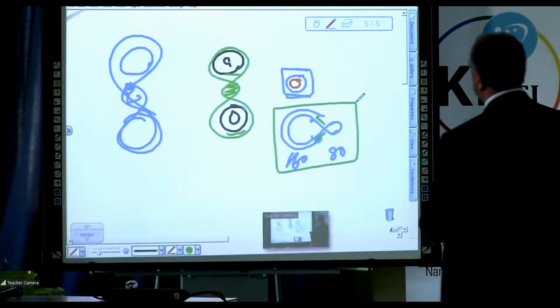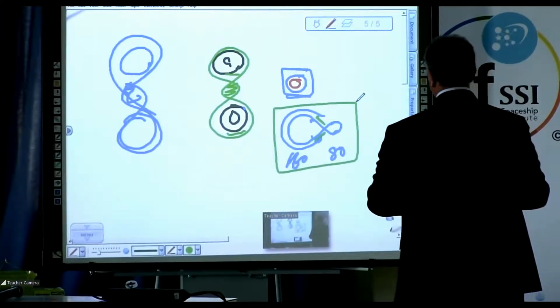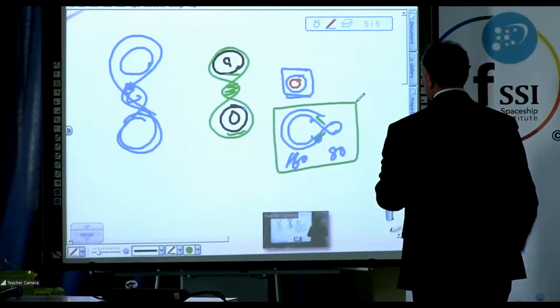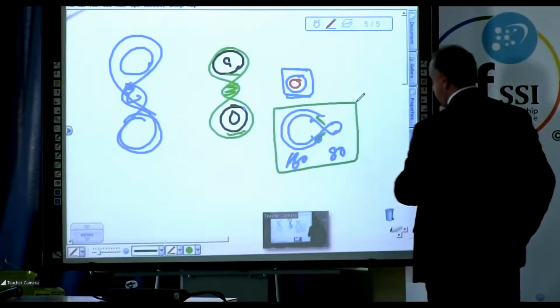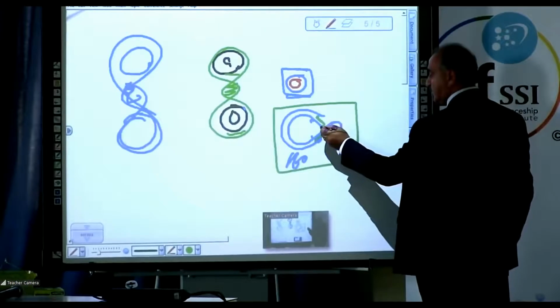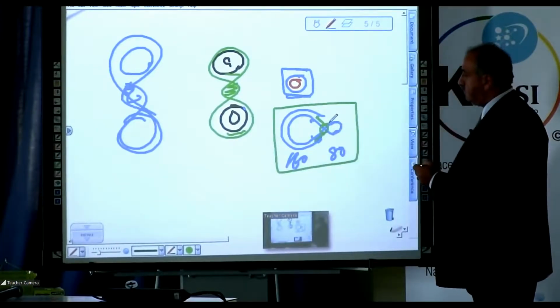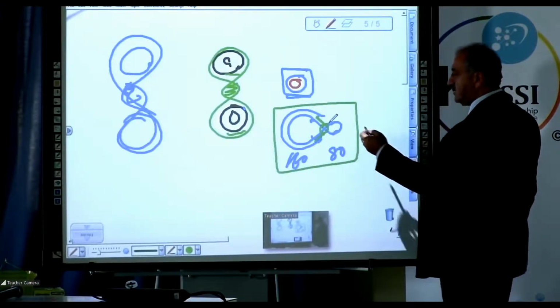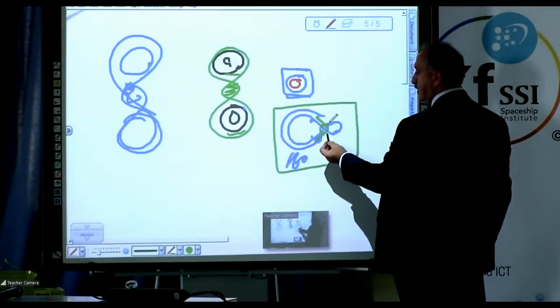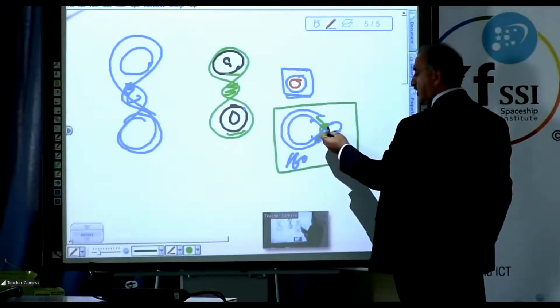So what you have to realize is that when you set up these systems, you have to understand the point of interaction. The rest is a tool. The important thing is this point.